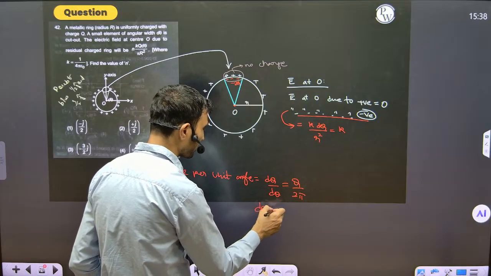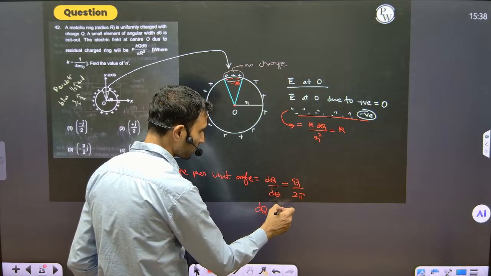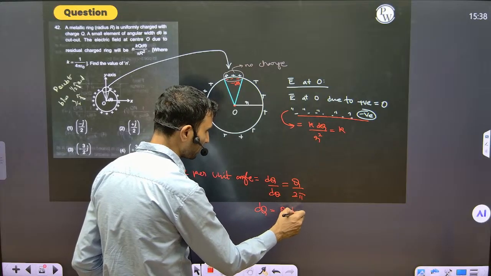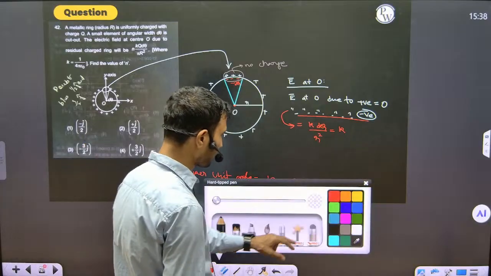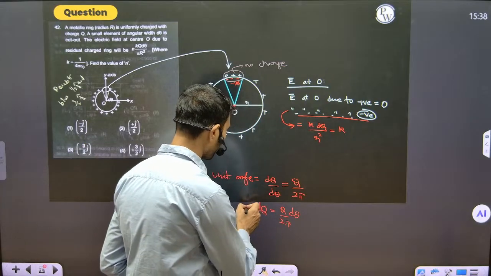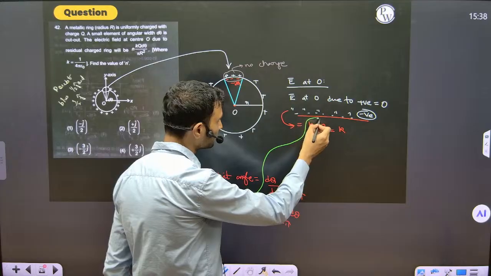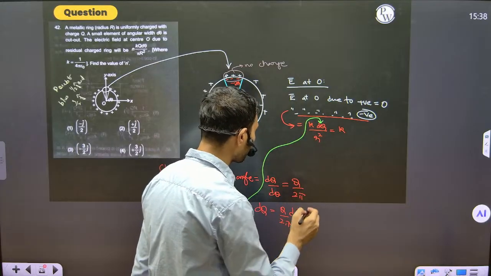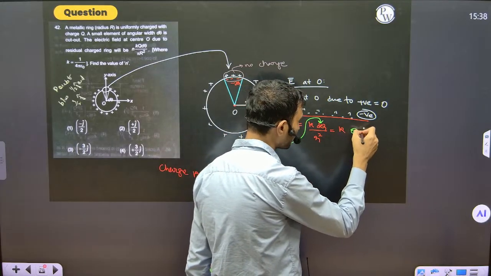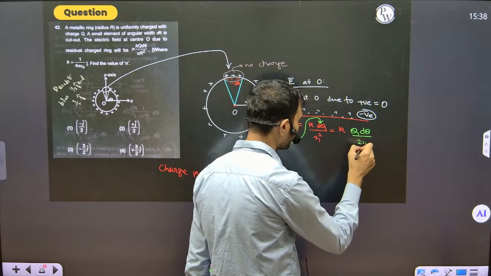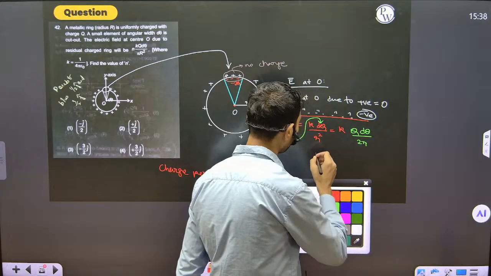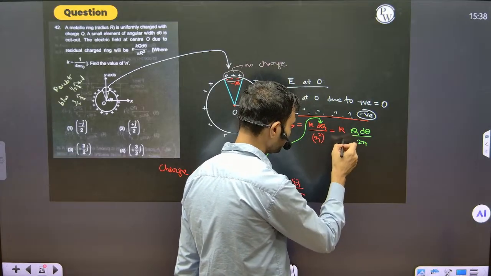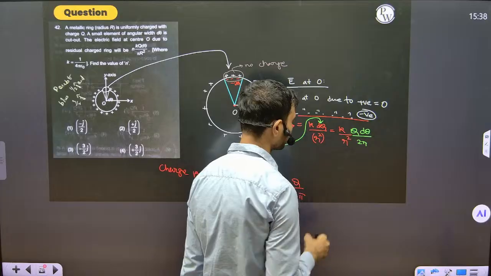So from here, what is dq coming out to be? Q divided by 2 pi into d theta. So that is dq, and that value of dq we can take and substitute it here, which is Q into d theta divided by 2 pi, and divided by r square.